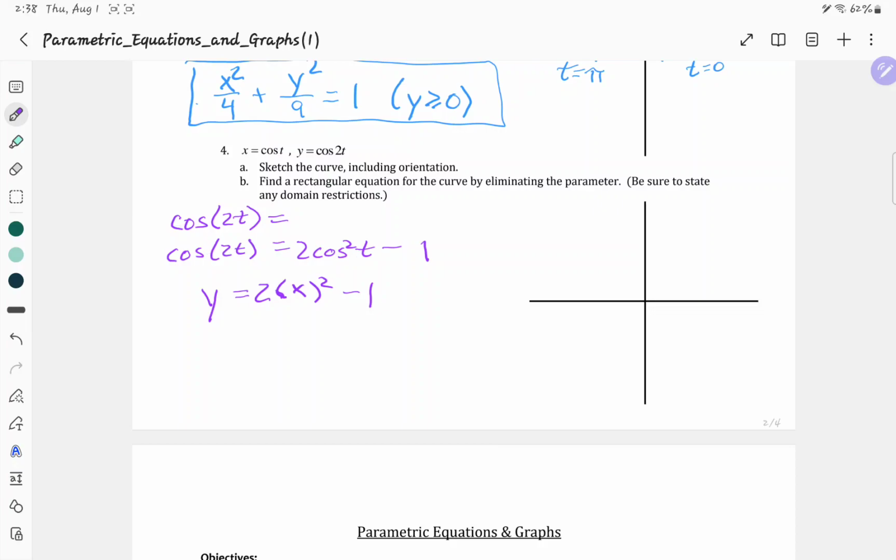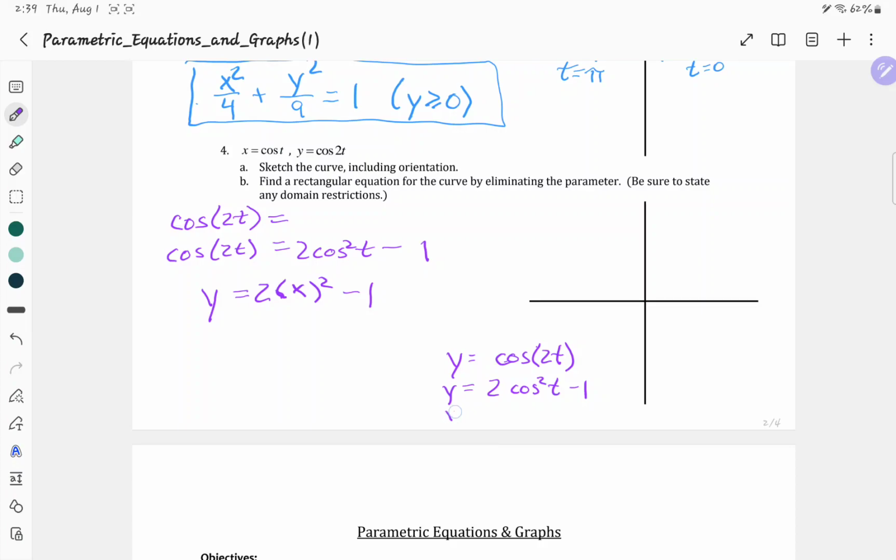Another way you can think about it is if you had, say, something like this, where y is cosine 2t, not 2 in front, just cosine 2t. And then I wrote out the identity, which is 2 cosine squared t minus 1, and then I replace that cosine with the x.